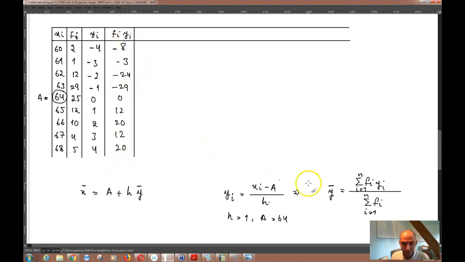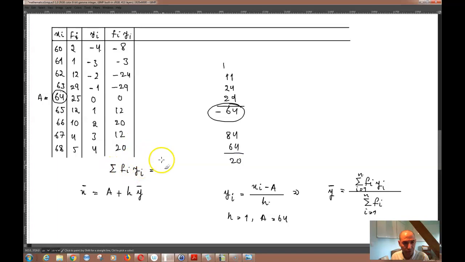And sigma f of i y of i would be, adding the negative numbers, negative 64 in total, and the positive numbers, 84. So 84 minus 64 is equal to 20.